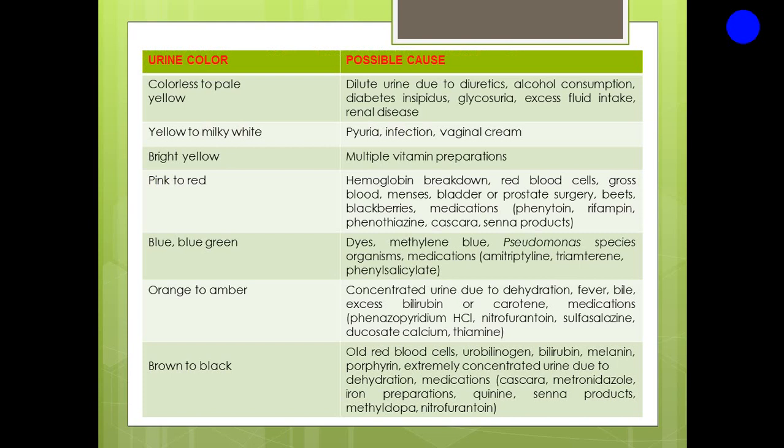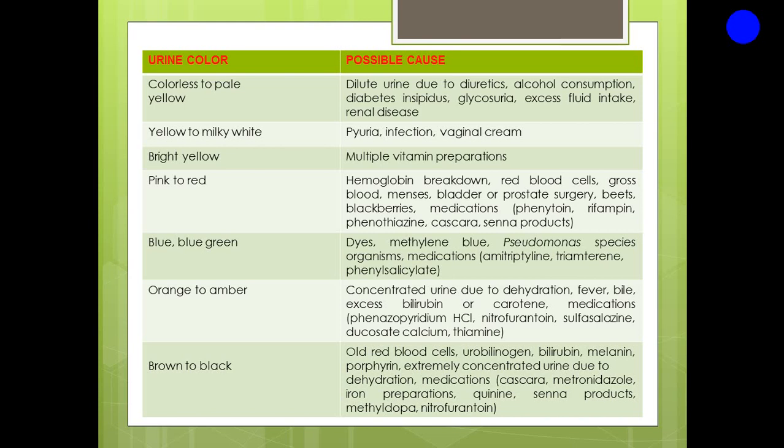This table shows us that the urine color indicates causes, and we make our indication of causes according to the urine color.